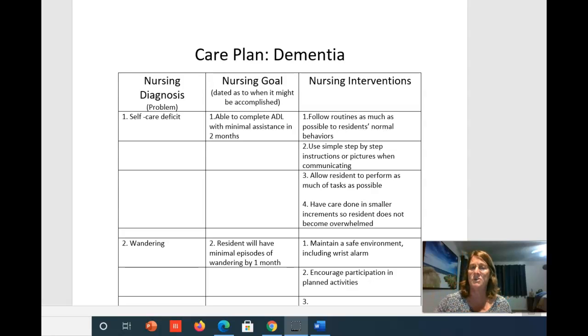Then we're going to wash under our arms. So yeah, we have to break it down into more simplistic steps. And trying to give them a lot of complicated instructions or long instructions is not going to be well received. So doing real quick, simple step-by-step instructions, or even just showing them a picture of taking a bath or getting dressed, sometimes their brain will sync to that a little bit better.